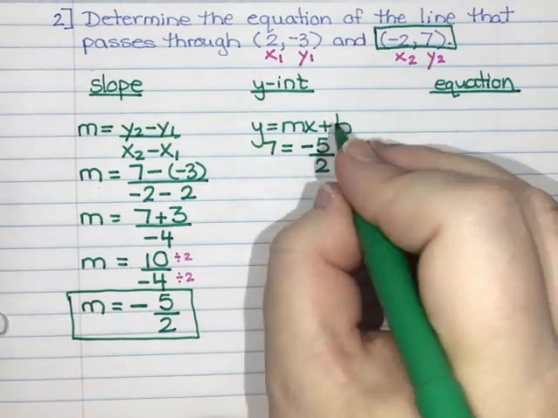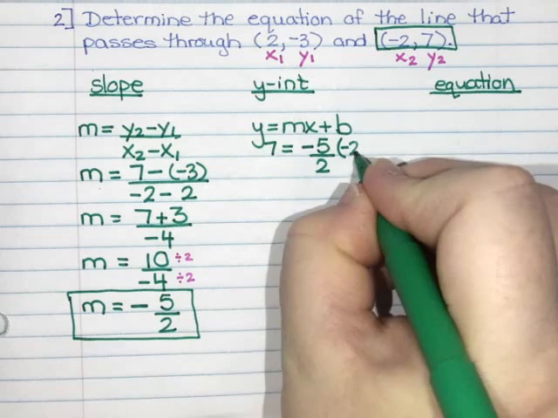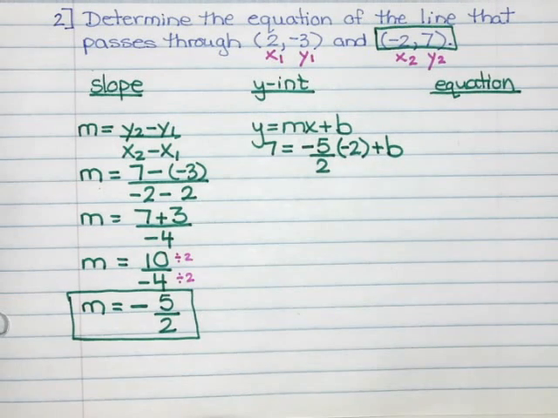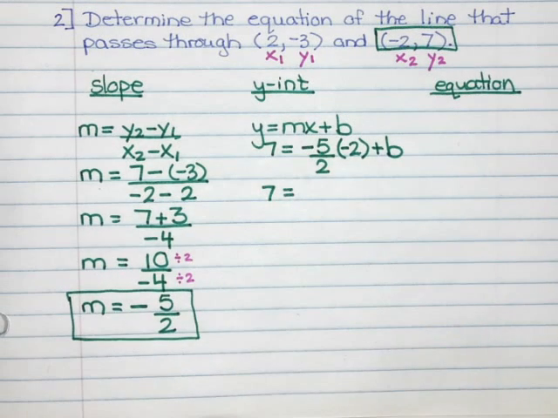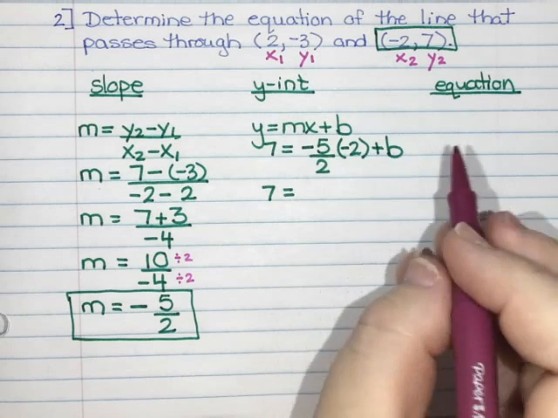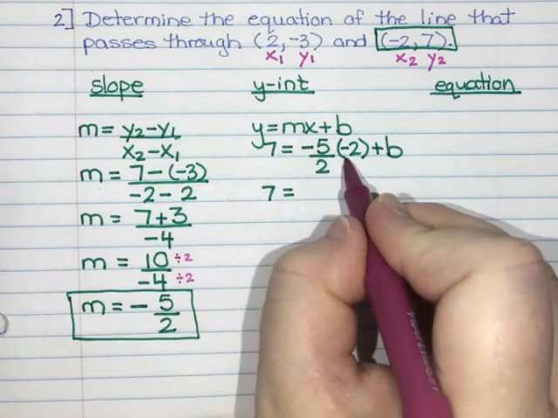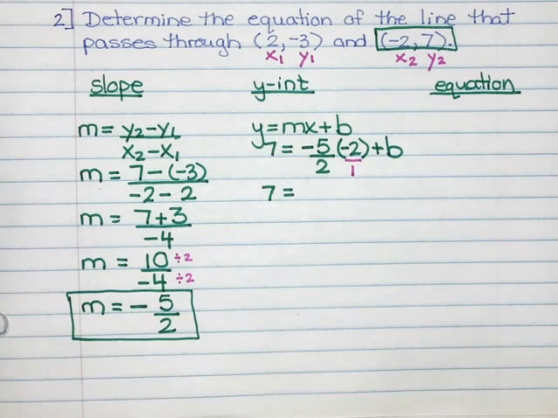So I have -5/2 times x, which is -2, plus b. Okay, so I'm going to multiply -5/2 and -2. When you multiply fractions, you do numerator times numerator, denominator times denominator. Secretly underneath that -2, there is a little invisible 1.